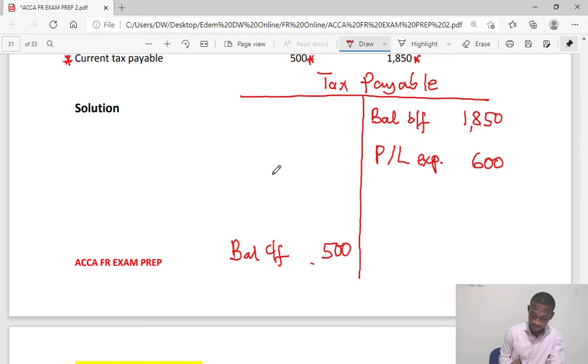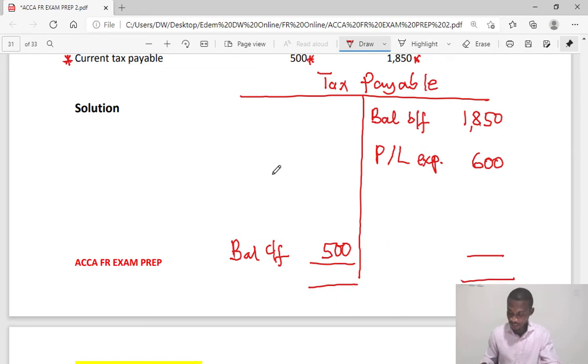Now we can close the account and find the total. Very straightforward. So we have 1850 plus 600. This should give us 2450. So again, 2450 less 500.